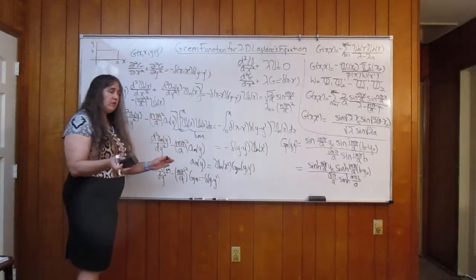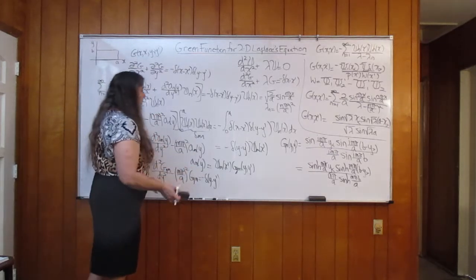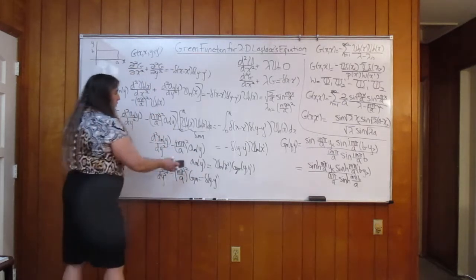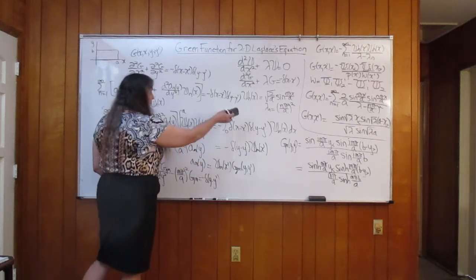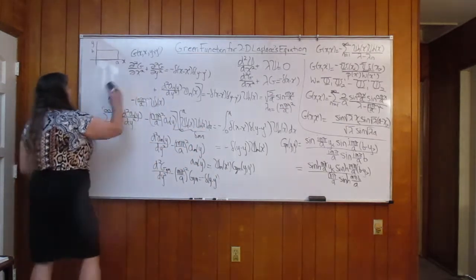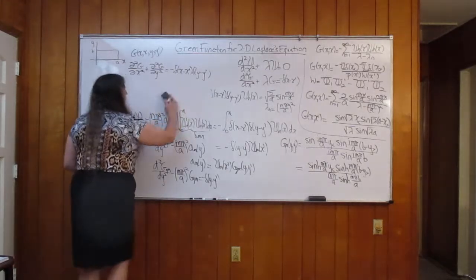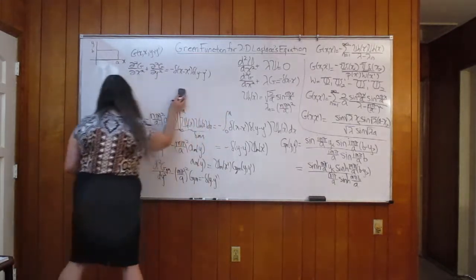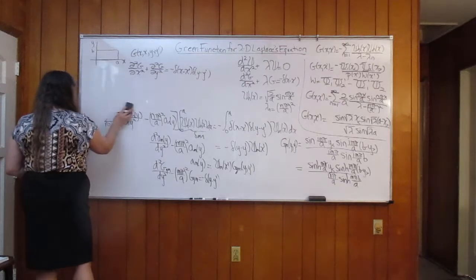So all I need to do at this point is just combine everything together. I know what the coefficients a and y are, I know what my eigenfunctions are, and I need to erase this up here.